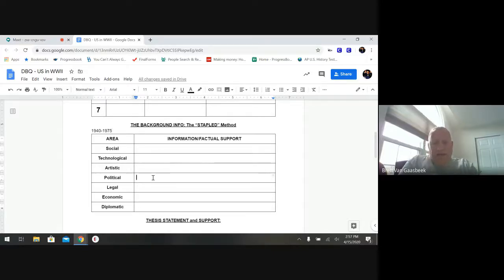Politically, FDR was president, Truman was president, Eisenhower, JFK, LBJ, Lyndon Baines Johnson, and Nixon were all president during that time period. Now, why am I writing that out? So I know which presidential administrations I'm discussing. So I know exactly which presidents I could reference during my answer. This helps you to bring in outside information if you can remember this.